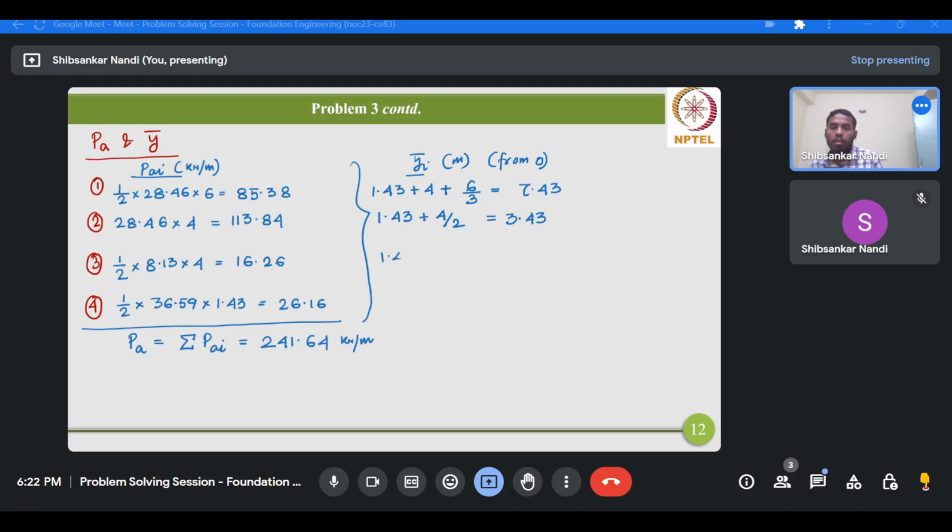Then 1.43 plus 4 by 3, that means 2.76. And lastly 2 multiplied by 1.43 divided by 3, therefore 0.95.